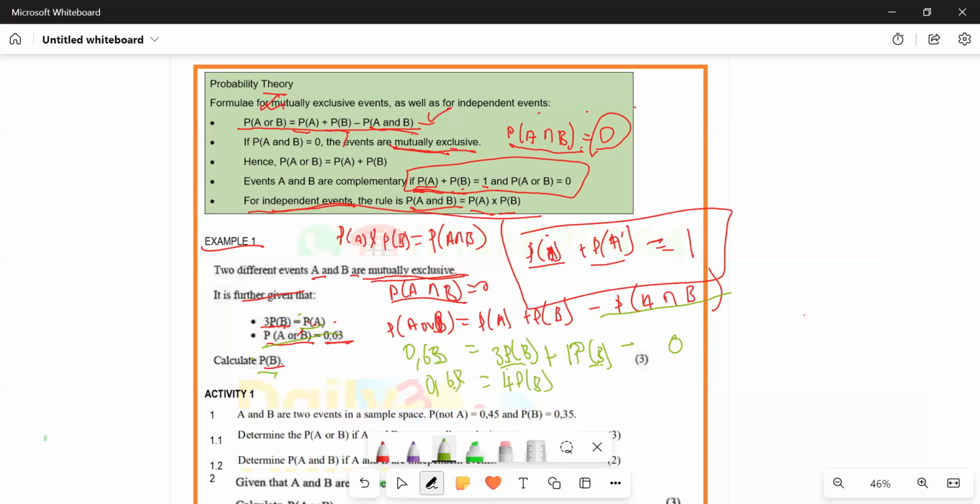I want the probability of B. How do I get it? You divide by 4, and this side you also divide by 4. So the probability of B is going to be 0.63.